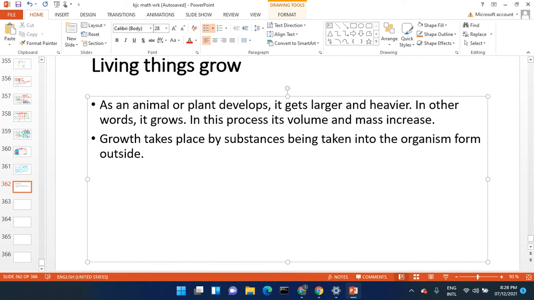What does that mean? How do we grow? What do we need to grow? It says substances must be taken into the organism. Say it again. We need what? Testosterone? You mean the hormone? That's true, but even more fundamental than that, if you don't blank, then you can't grow.